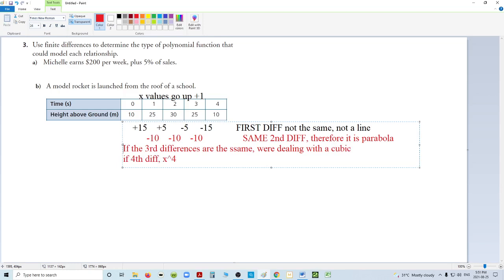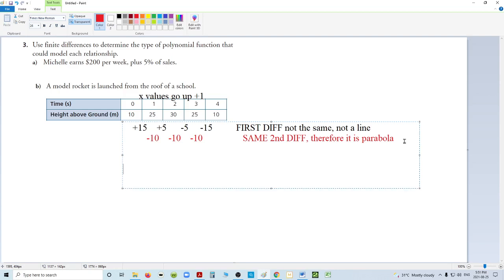But now we're dealing with a parabola, and we can even use the parabola formula, ax squared. And technically, you'd have to put in a(x minus k). But we should be able to figure it out with ax squared plus b. Well, they gave us the b right away: when x is 0, y was 10.